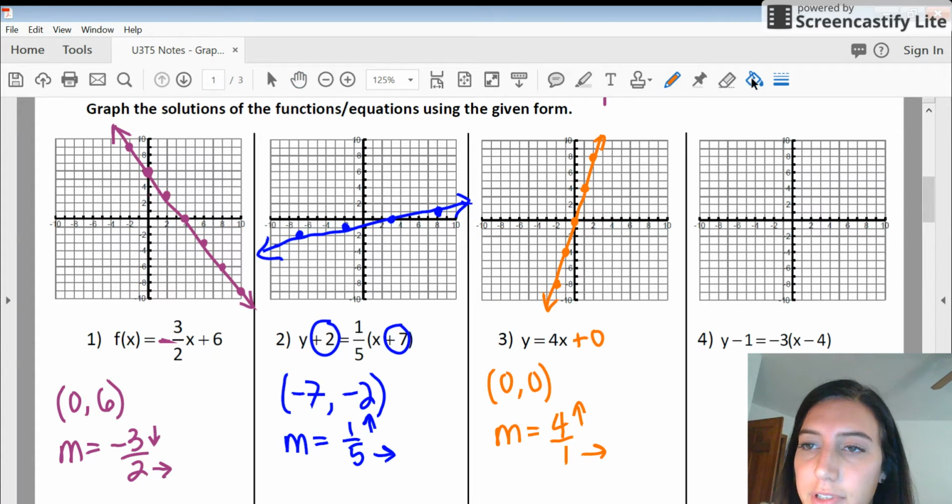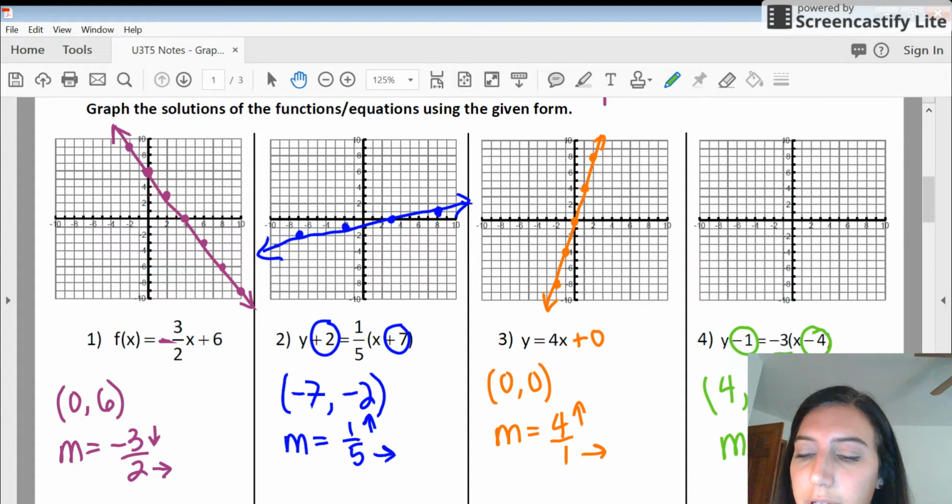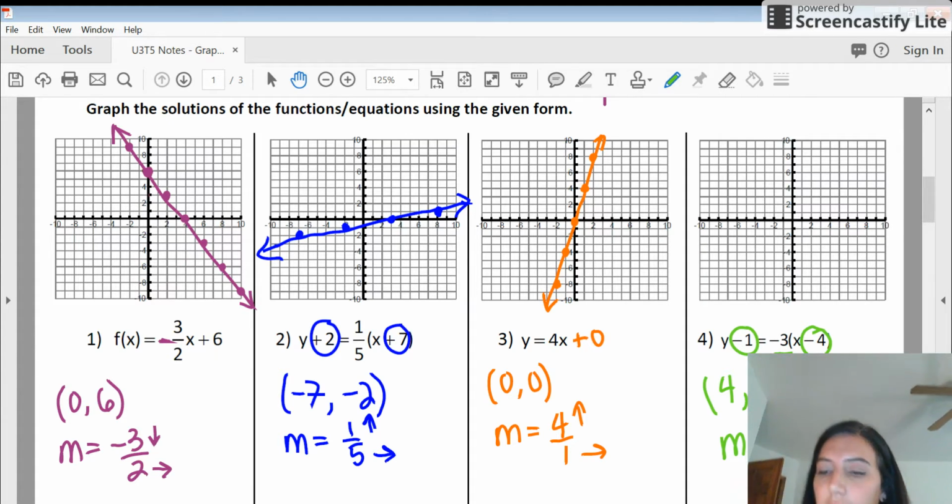Okay, last example for today. We have point-slope form again. So we take our opposite x value, so that would be positive 4, and the opposite y value, positive 1, and we graph our slope, negative 3 over 1. So that means I'll be going down 3 since it's negative, and then right 1 since it's positive.